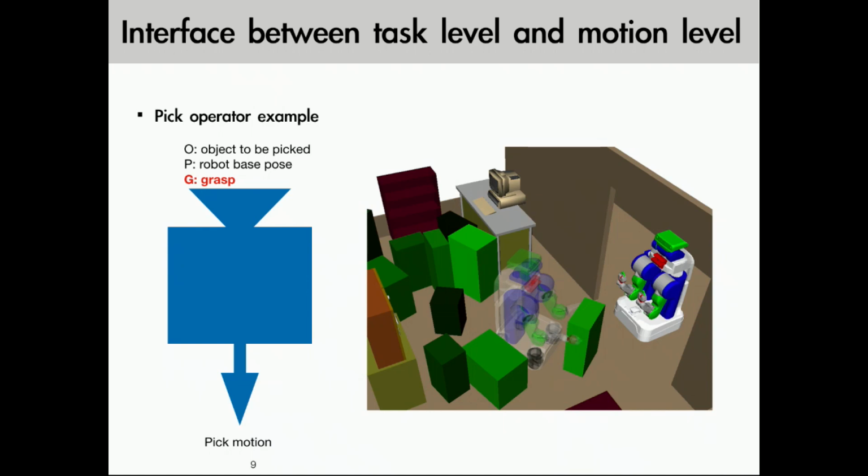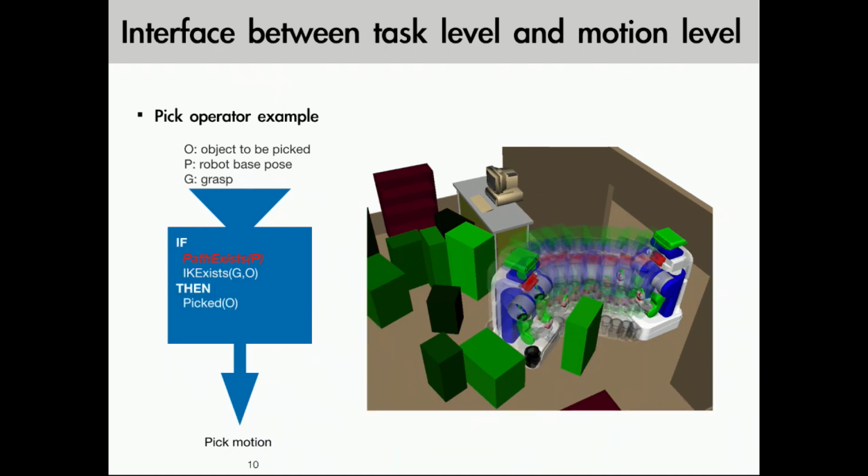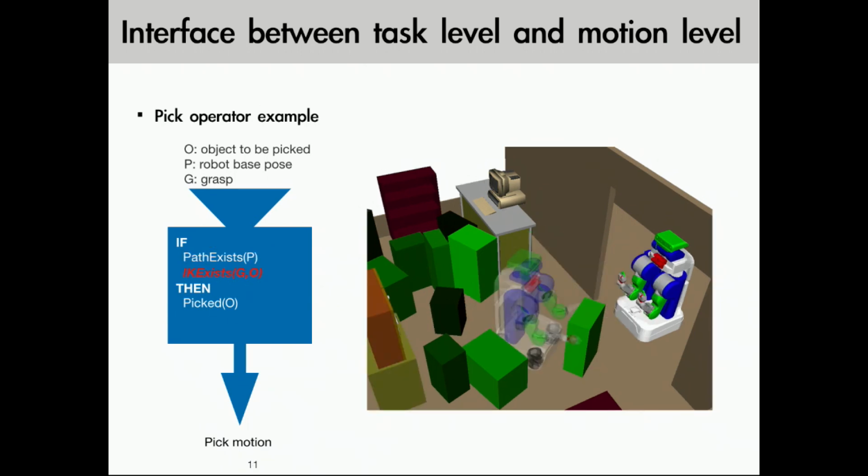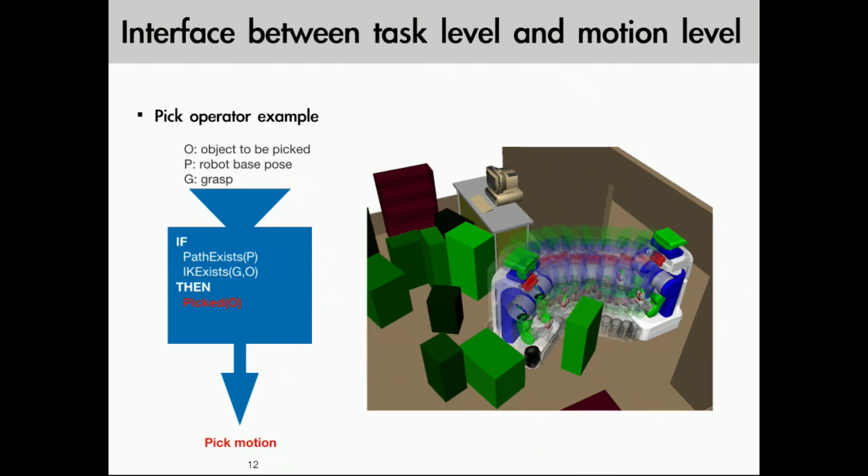What happens inside the operator is that it calls an external motion planner to check if there exists a collision-free path from where it stands now to the chosen base pose. It also calls the external IK solver, the kinematic solver, to check if there exist joint angles to pick the object with the given grasp. If all these are satisfied, it tells the high-level planner that we can pick up the object, and it outputs the motion that picks up the object.